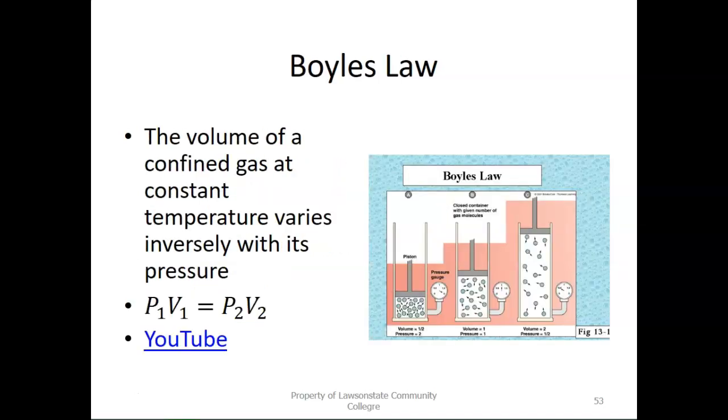All right, so then we have Boyle's law. This is the volume of a confined gas at constant temperature varies inversely with its pressure. So in other words, if we are not changing the temperature, volume and pressure are related.